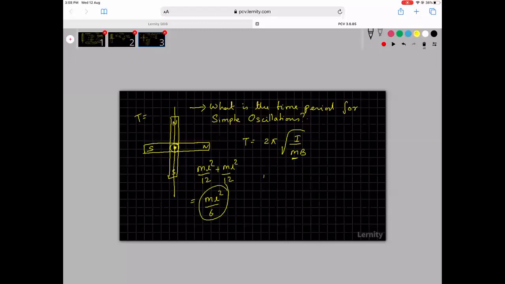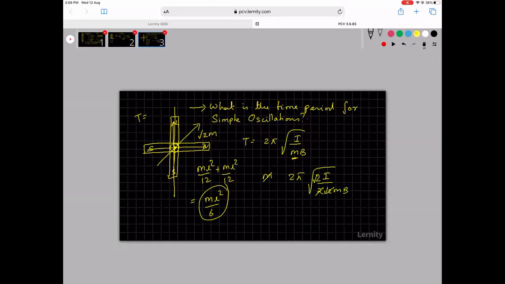But this M, the magnetic moment, is a vector quantity from the negative pole towards the positive pole. So you will see that it will have a root over, so it will become root 2 M. Instead of M here, you have root 2 M. So T is equal to 2 pi root of 2I by root 2 MB.